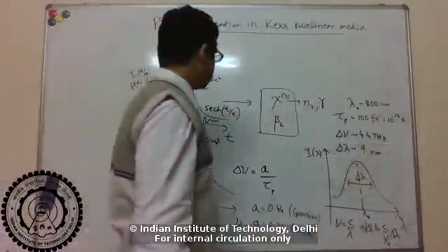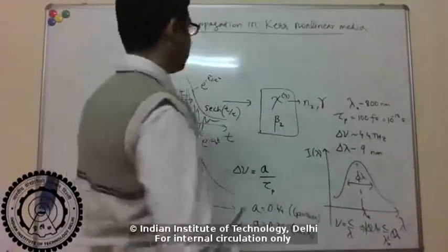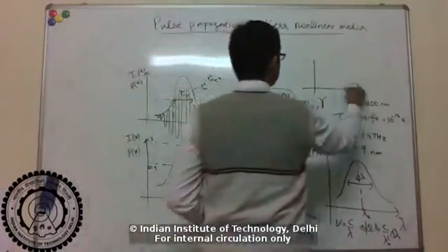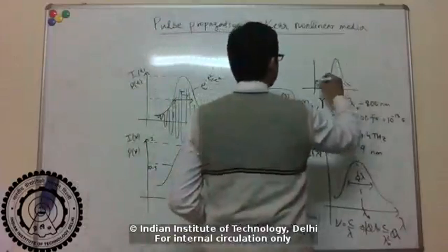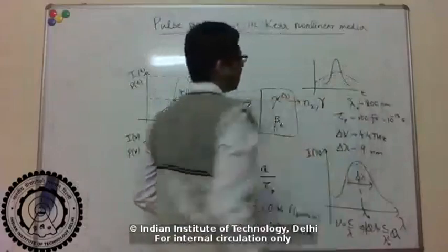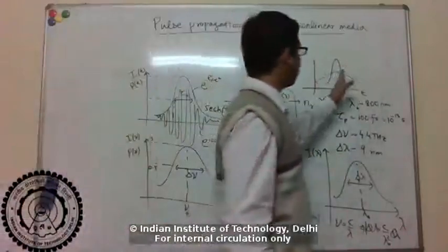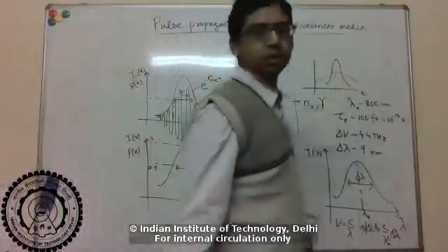So due to beta 2, in the time domain, if this is the input pulse, then my output pulse should broaden in time. That's just because different frequencies arrive at different times: some arrive earlier, some arrive late.